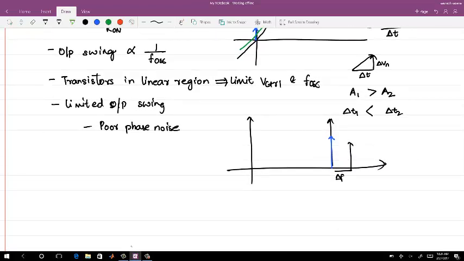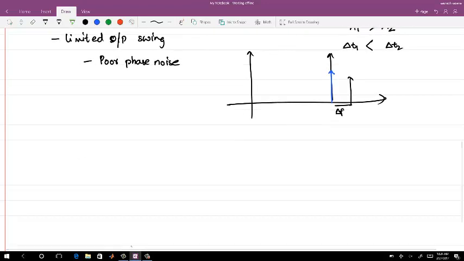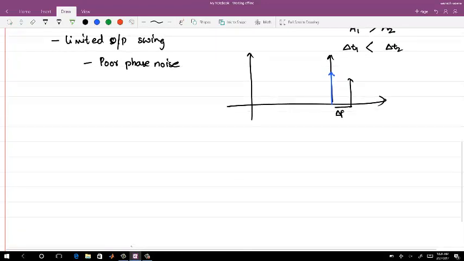You remember V out of t, let me start here, as A cosine of omega naught t plus another sinusoidal factor, which I will call Vn cosine of omega 1 t, or delta omega t.